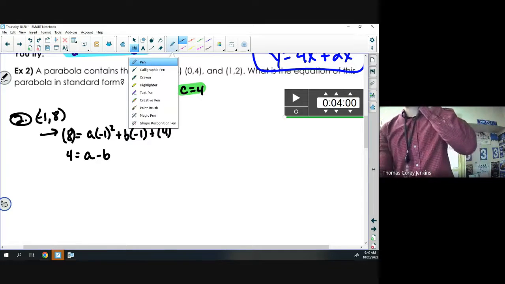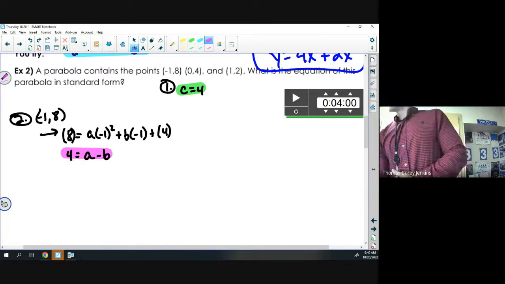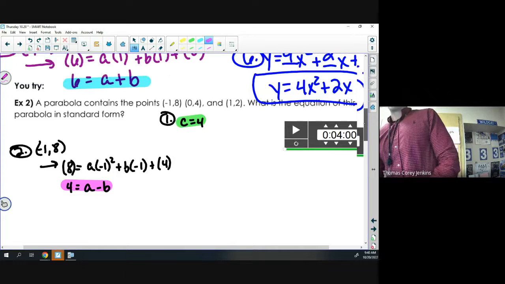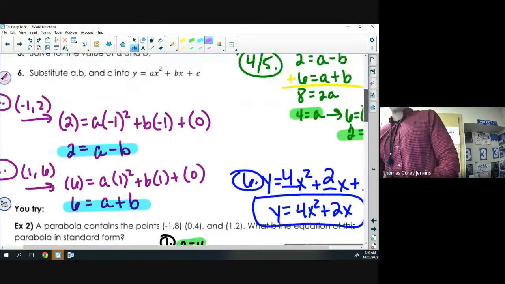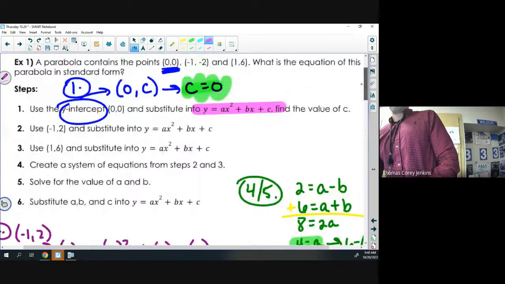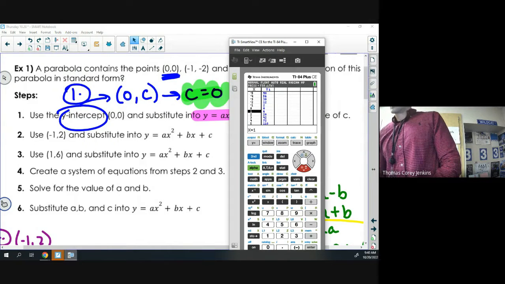So -1, -2 on here, and then it says -1 and 2. Oh, it does. You're right. So when you did that, were you using just values from here? I think I must have plugged in -1, -2. Why did it work when I did it?